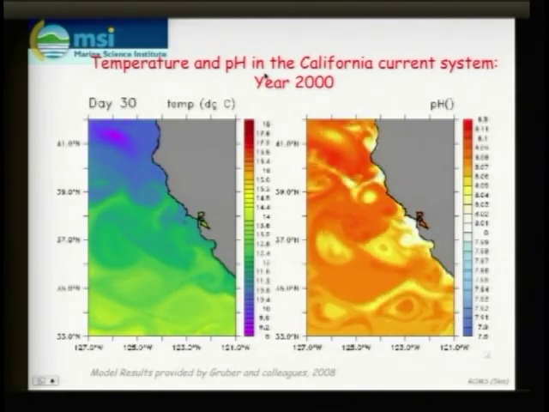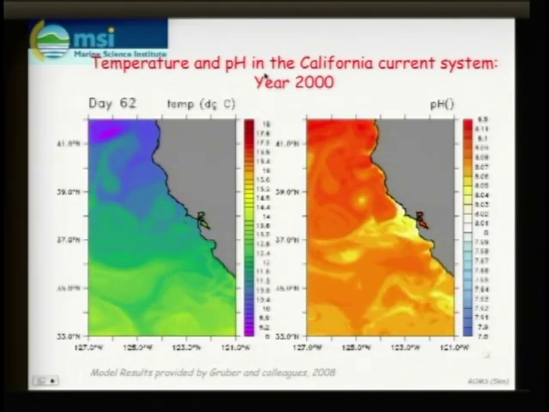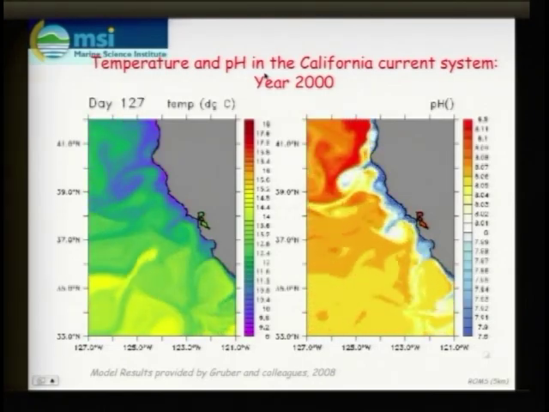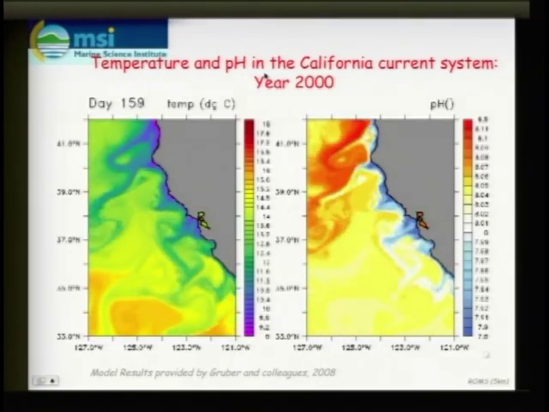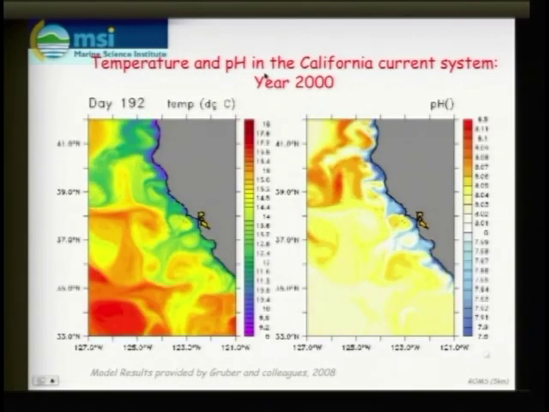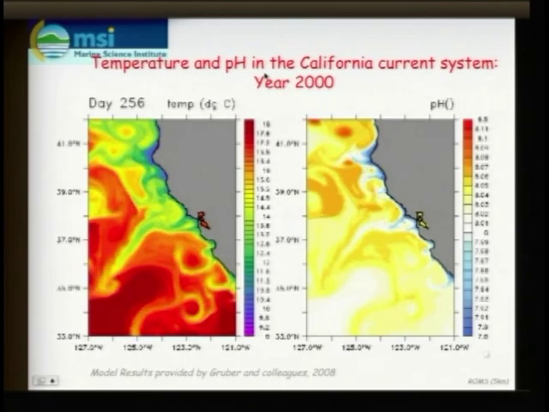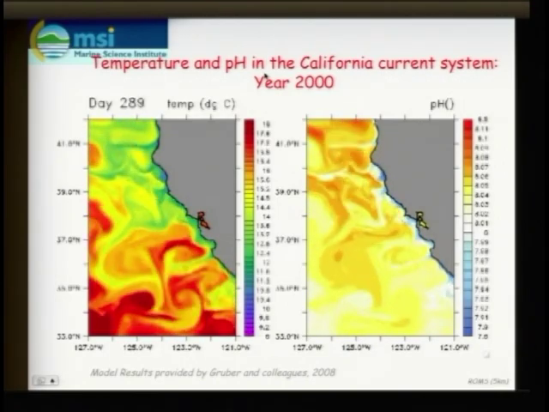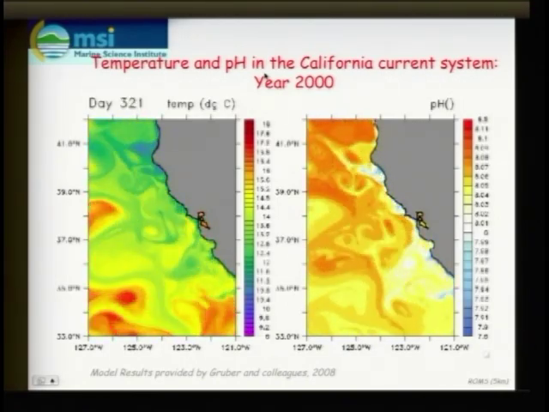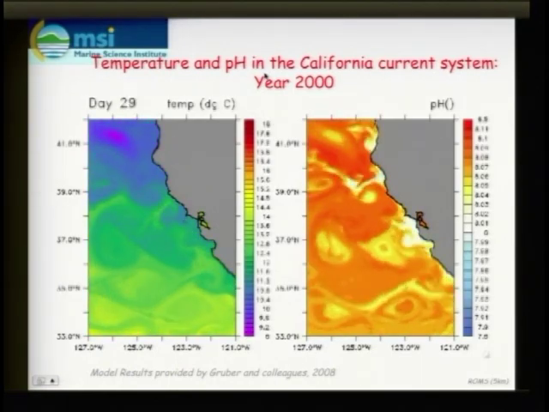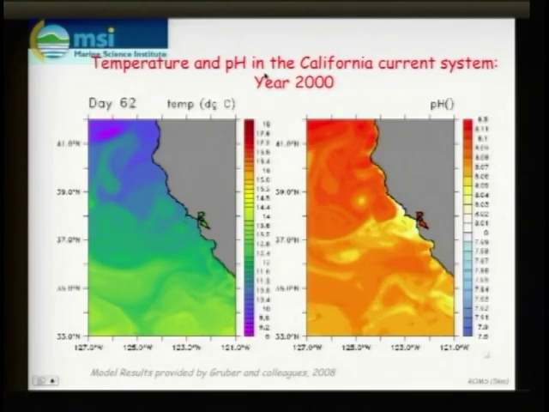We have had colleagues, Nikki Gruber from UCLA and colleagues, model this, and you can see on the right-hand panel the corrosive low pH water in blue upwelling during the summer months all the way along our entire coast and then advecting out into the surface waters to the west. So this is an upwelling process that occurs anywhere from March through November and occurs all the way along our entire continental shelf. This is a serious problem for our region and its ocean ecosystems.